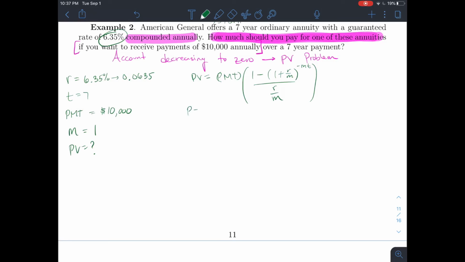Okay, so plugging in our values, we have PV equals 10,000 times 1 minus 1 plus 0.0635 over 1, and that's going to be raised to the 1 times 7, all over 1.